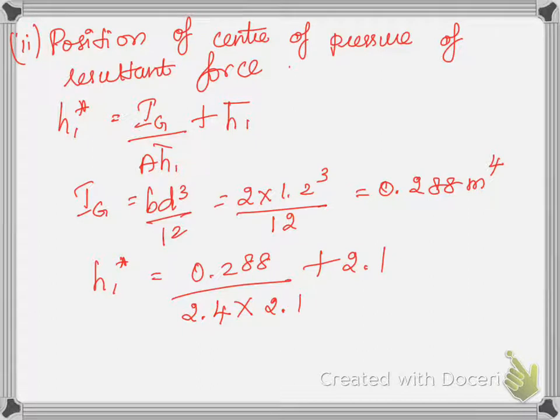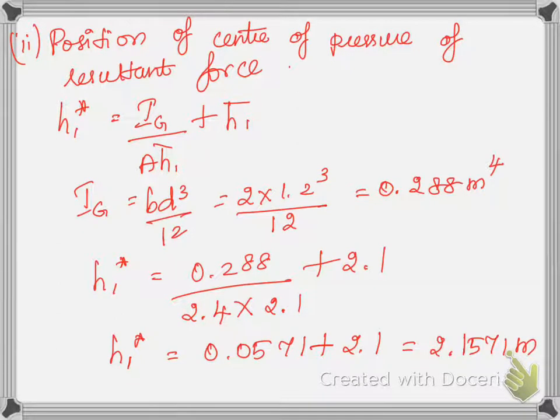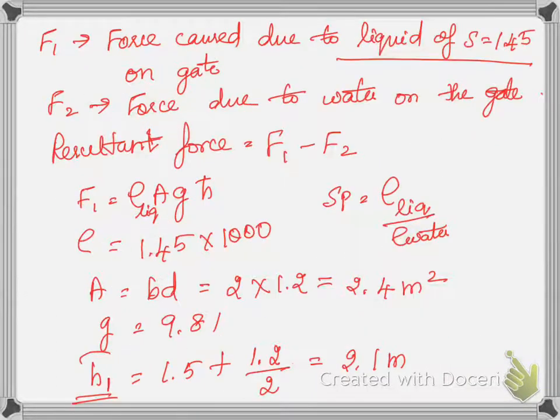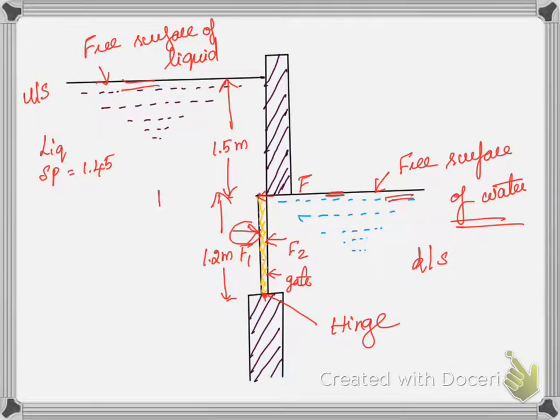So H1 star will be 0.0571 plus 2.1, which is equal to 2.1571 meter. So I have to calculate from the hinge. I have calculated my H1 star from here. So from the hinge, what is the distance? I have to calculate from the hinge. So how can I calculate this? It's very simple. Up to the hinge, the height is 1.5 plus 1.2 meter.